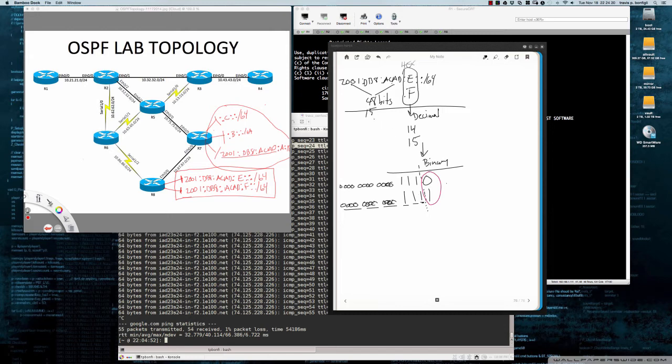So if we add those 15 additional bits in with the 48 that already match, we end up with 63. So our prefix length is a /63.